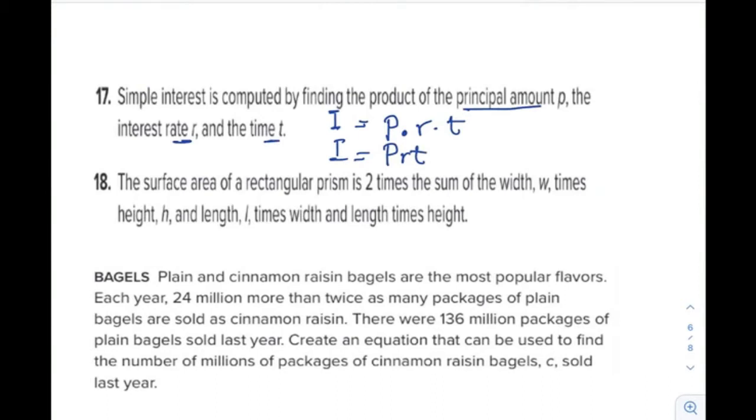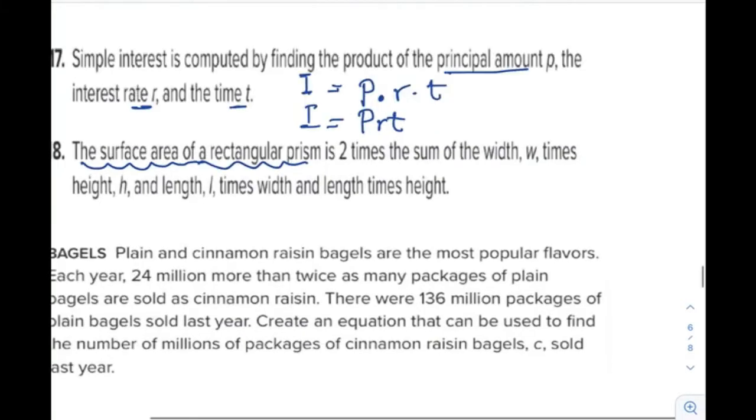The surface area of a rectangular prism. This is the rectangular prism. In Arabic, it's called متوازي المستطيلات.